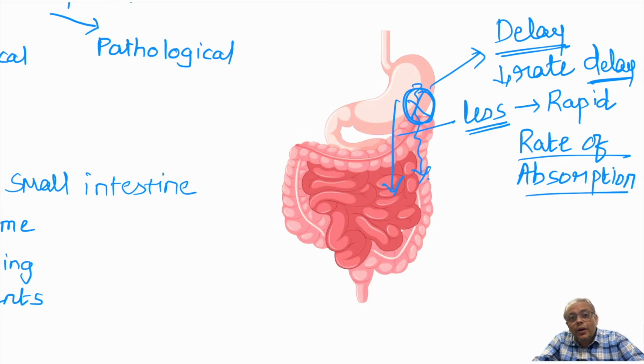And which are the agents or the factors that delay the gastric emptying time? Most common are the anticholinergic agents. They delay the gastric emptying time. Is there any pathological condition? Yes, migraine.